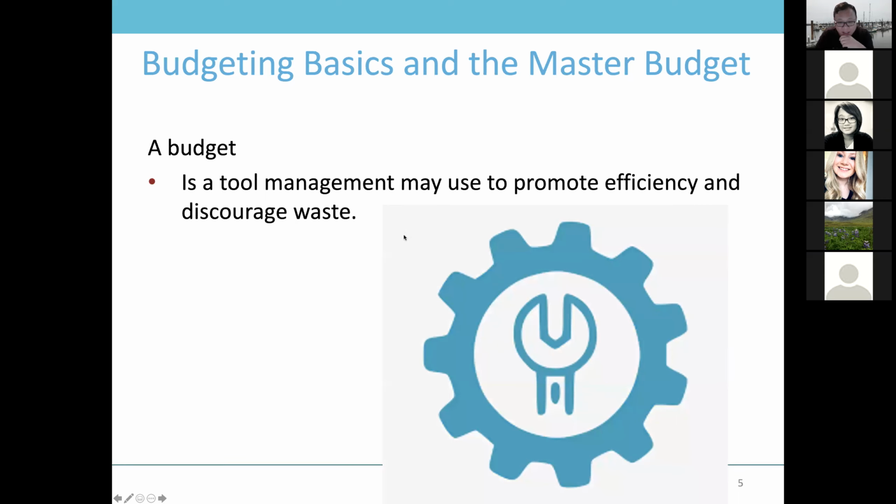It's also a tool management may use to promote efficiency and discourage waste. So we are expecting the supply expenses to be, let's say, $2,000 on my budget, based on experience and historical data. The cost for supplies should be $2,000. That's the budget. And guess what? This year, the actual number is already 2,500. So right away, people will say, okay, what happened? I'm going to need an explanation.